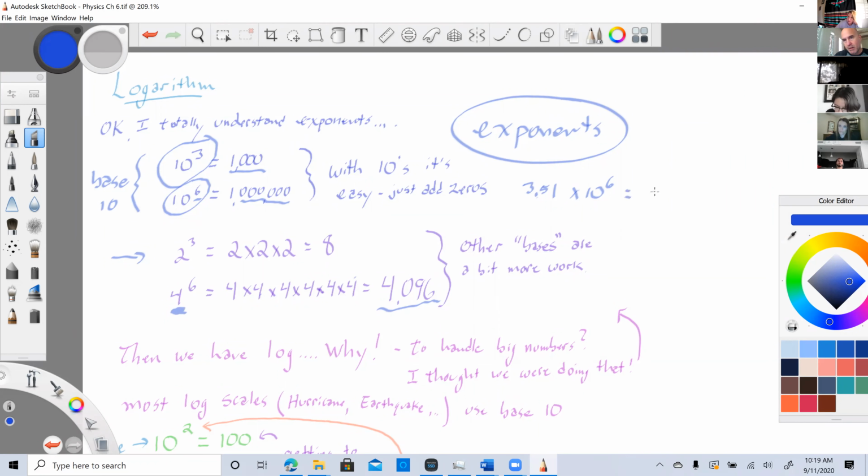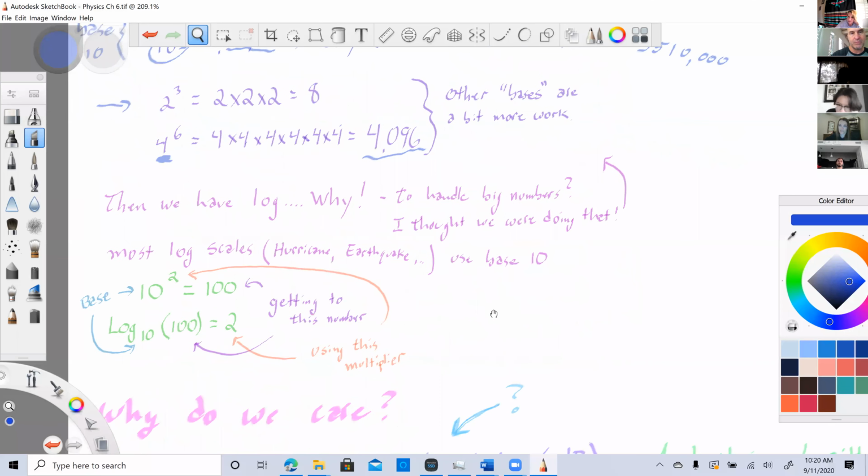I guess this would be 3,351 million. Whoops, hit the wrong spot. 0, sorry, 0, 0, 0. 1, 2, 3, 4, 5, 6. Yeah, I believe I might be 1 point off. I don't care, because I don't care about these numbers anyway. We just need to basically understand what's going on.